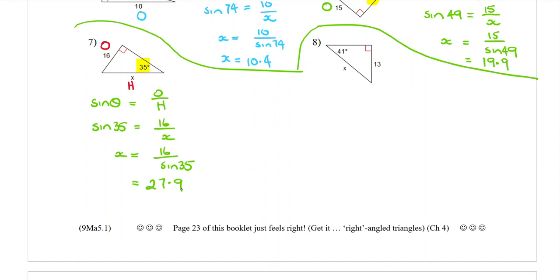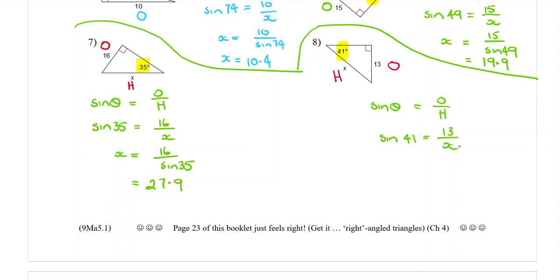Okay, last one for the page. Label it. We have our hypotenuse is the x. 41 degrees is my angle, which means that the 13 is opposite. So write down the formula. Sine theta equals O over H. Sub in sine 41 equals, the opposite is the 13, the hypotenuse is the x.